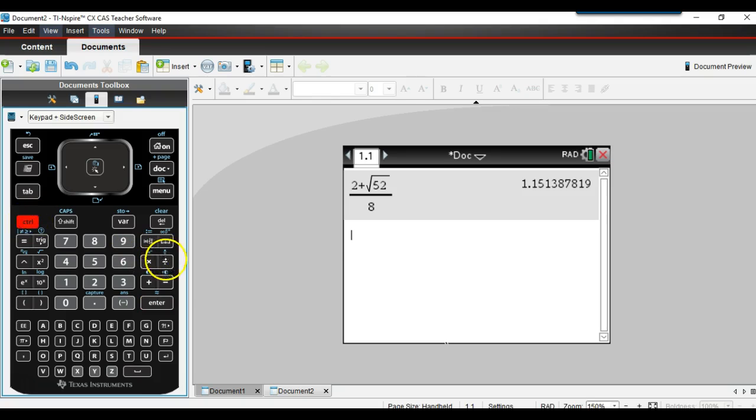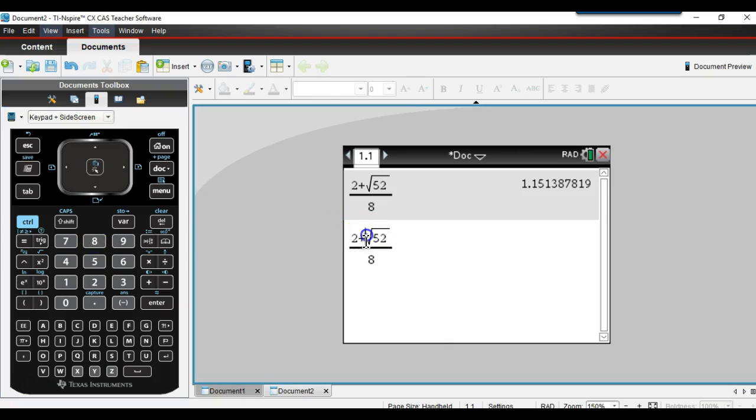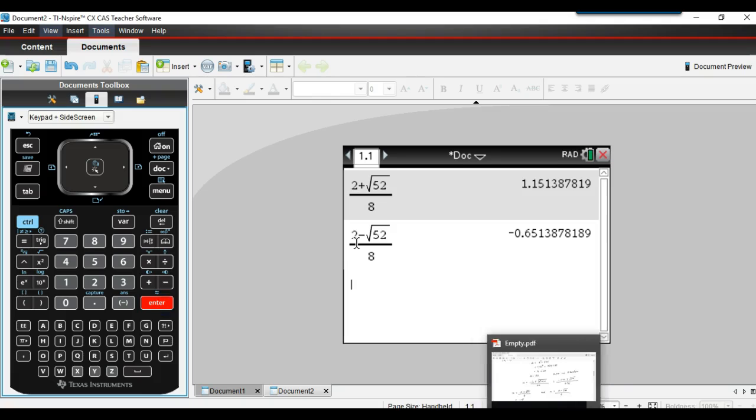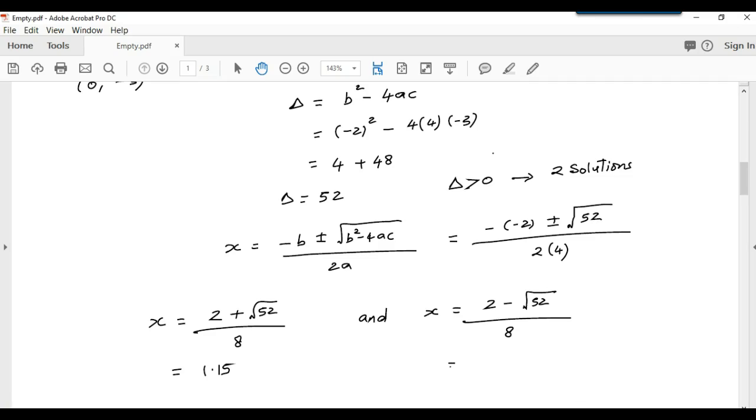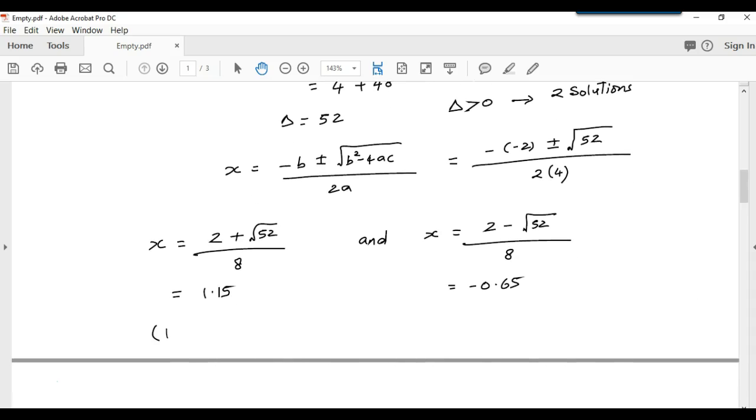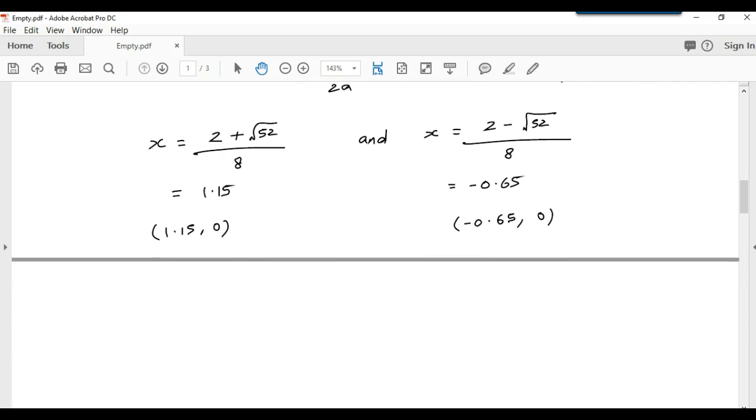Similarly, the second x-intercept, 2 minus the square root of 52 divided by 8. My bad, that's a negative. Control divide, control enter. That gives us the value for the second x-intercept as minus 0.65. So our first x-intercept is 1.15 and 0. Second x-intercept is minus 0.65 and 0.